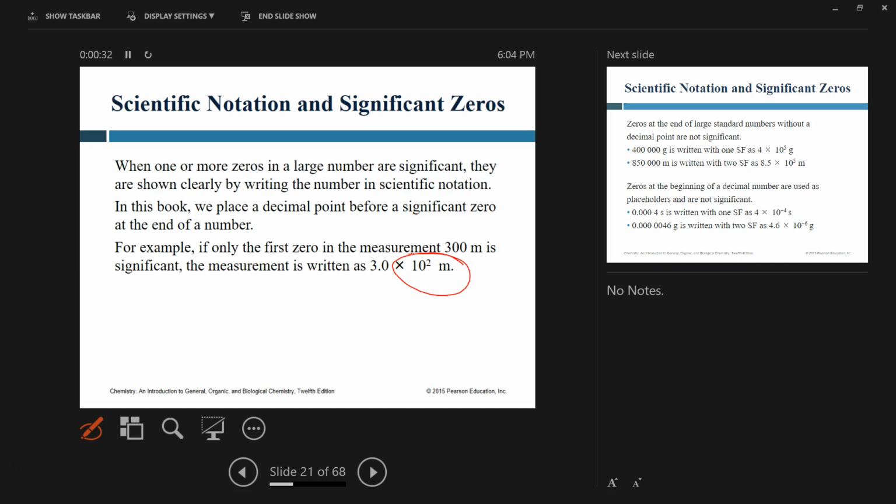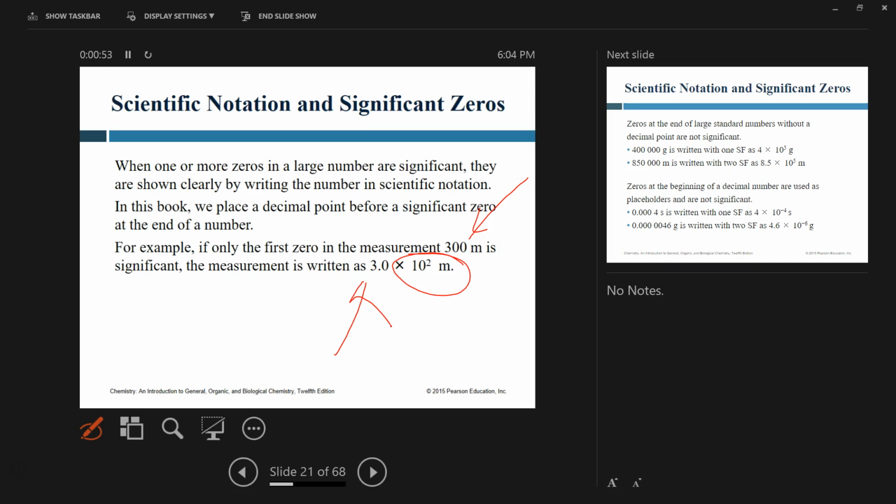So for instance, in this example, these two zeros are not significant figures. They're placeholders, so you don't really need them. So you can get rid of them, writing a significant figure 3, okay?